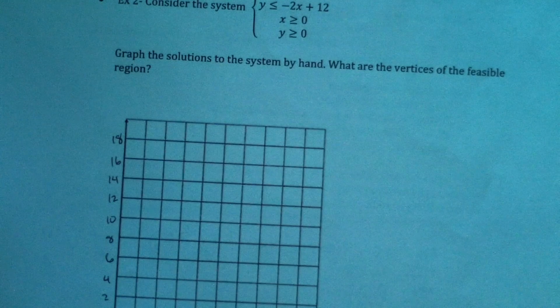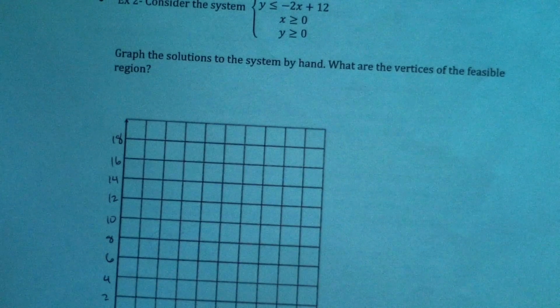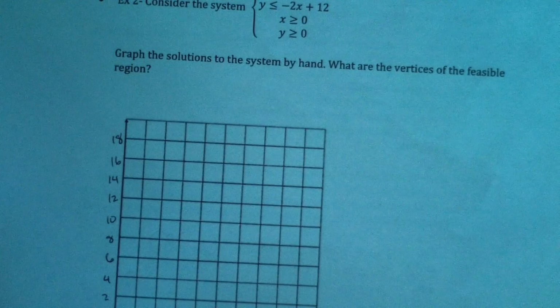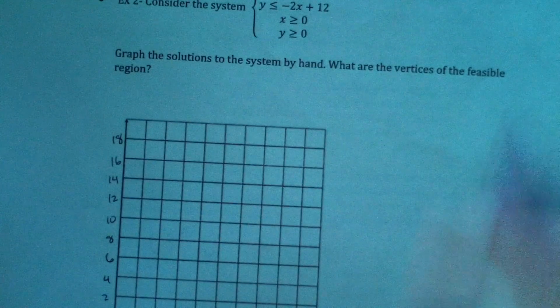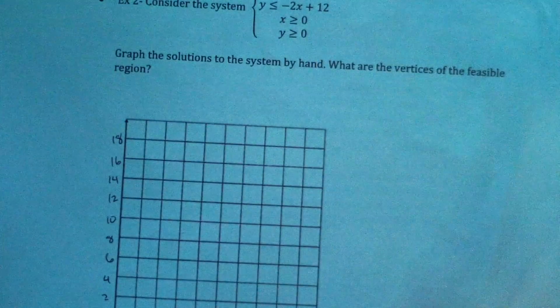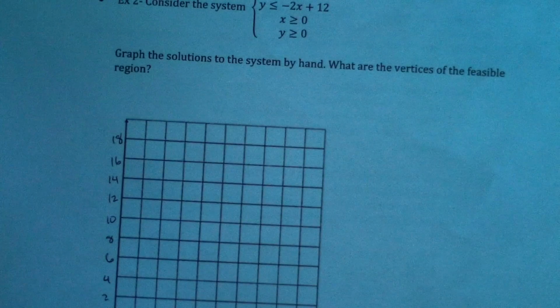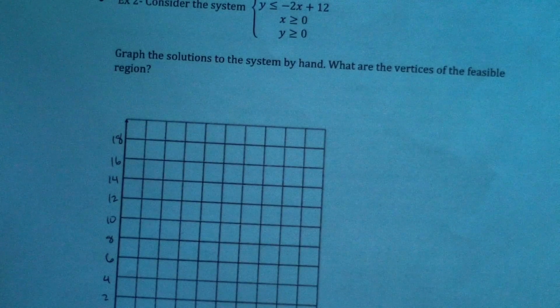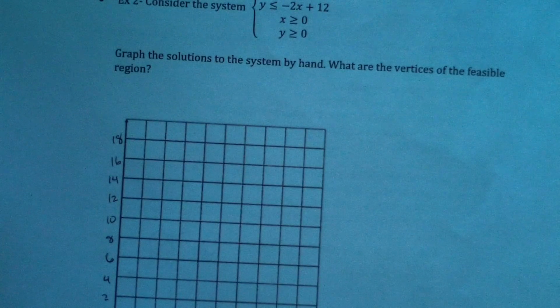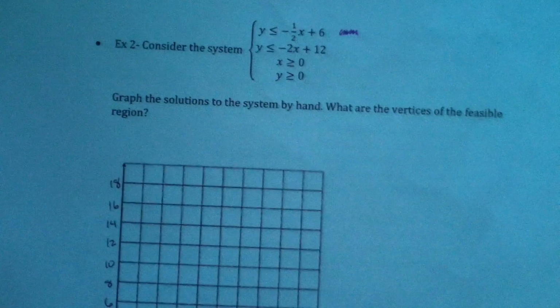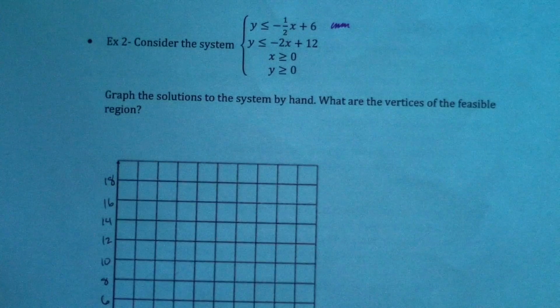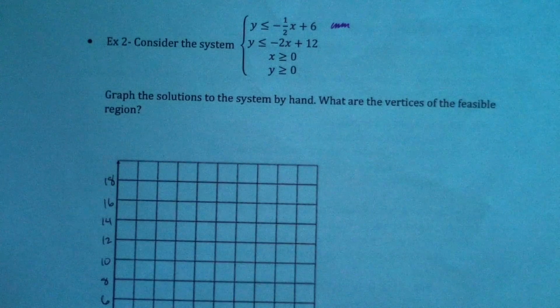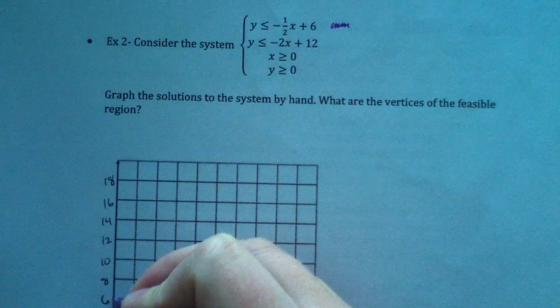We're going down 2 and over to the right. So down 2, right 1. Again, we're counting by 2s, but it shouldn't matter. Down 2, right 1, and that'll take us down to the 6. Then we're thinking solid or dashed. Solid, because it's equal to, so just a solid line from the 12 to the 6.